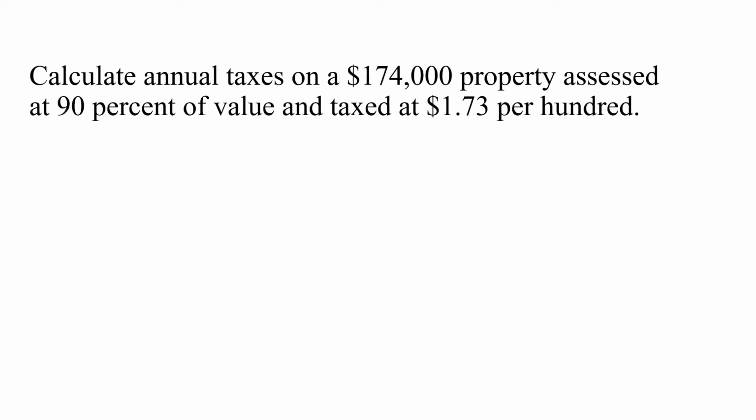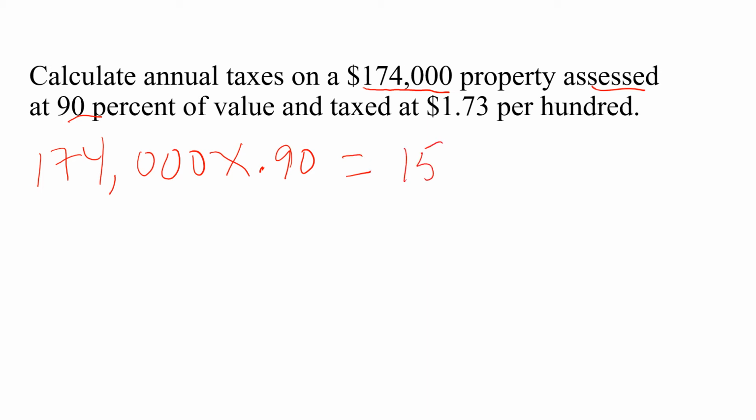Calculate taxes on a $174,000 property assessed at 90% of value and taxed at $1.73 per hundred. Okay, so our property is 174,000 and it's assessed at 90%, so times 0.90. So we're going to be taxed on 156,600.